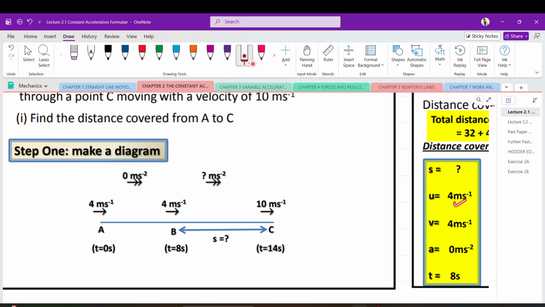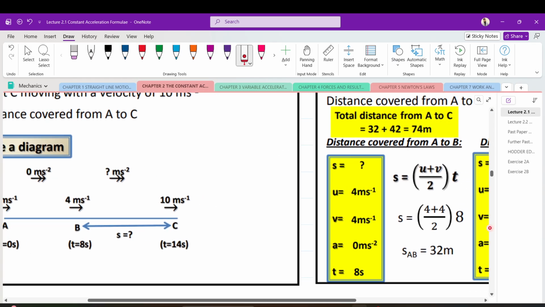Initial velocity is 4, final velocity is 4, acceleration is 0, and t is equal to 8 seconds. If acceleration is 0, isn't it good that you can use an equation that has a and that has s, because whatever is attached with a would simply be eliminated? So we can use s = ut + ½at², where because of a this will be eliminated. So I'll be left with s = ut, u is 4, t is 8. So 4 times 8, that will be 32 meters.